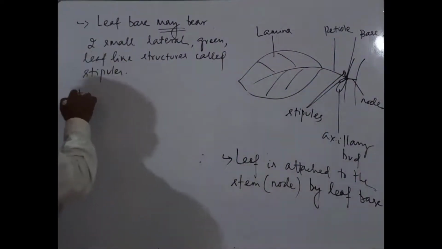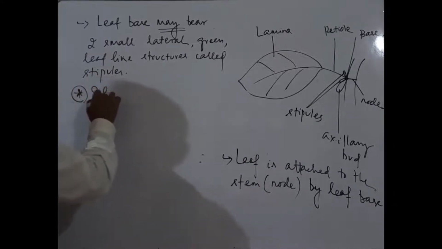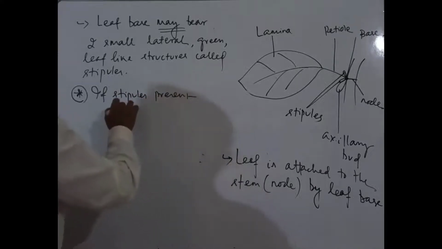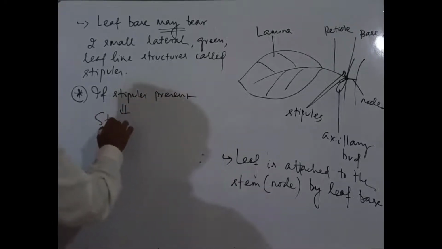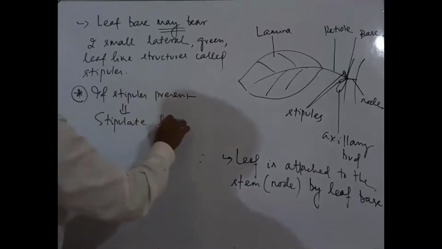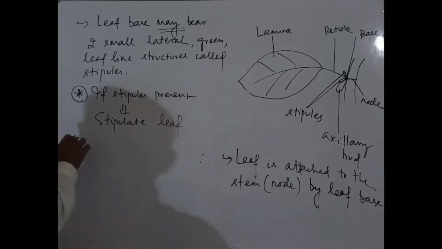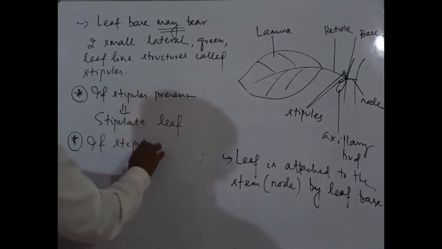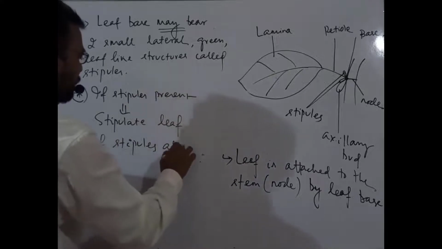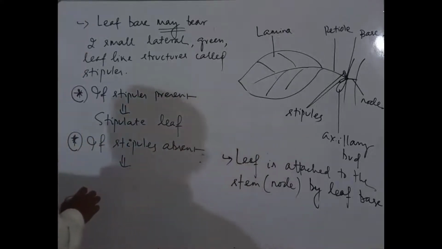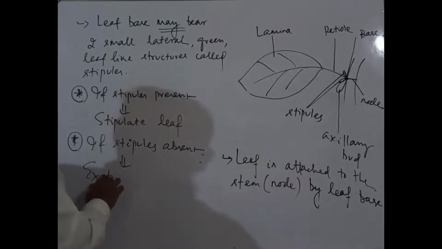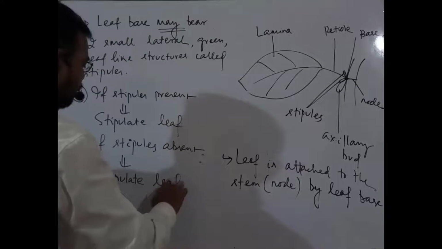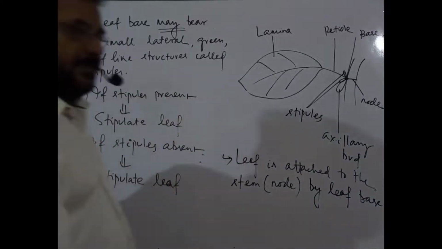अगर stipule present है, then that leaf is known as stipulate leaf. अगर leaf base में stipule नहीं होगा, stipules absent, in that case that leaf is known as exstipulate. ये term actually use हुआ है: stipulate leaf and exstipulate leaf.